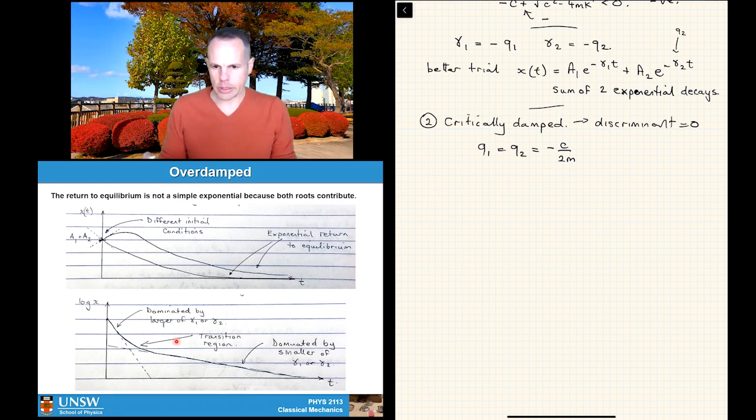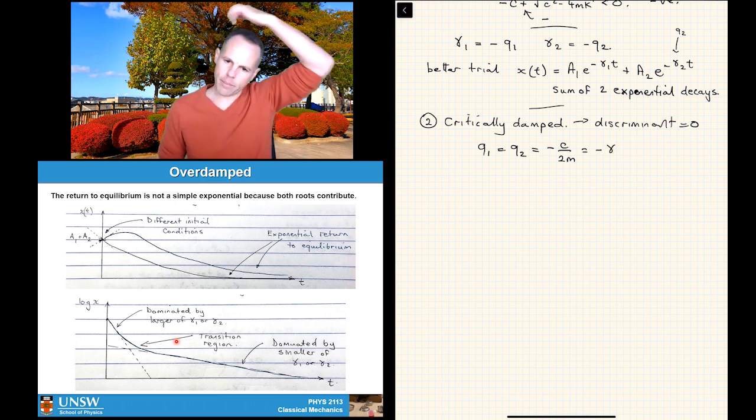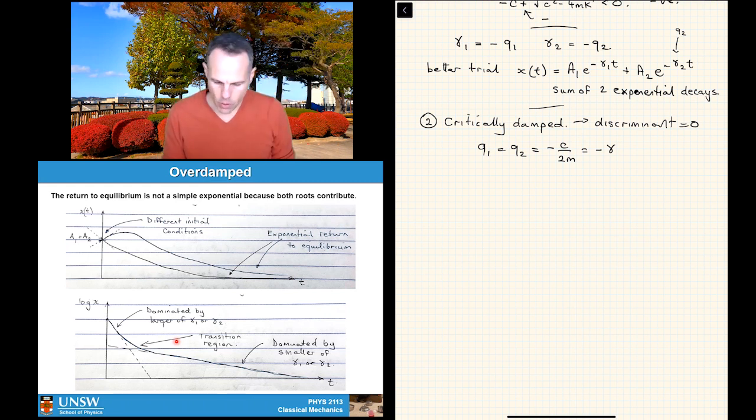As you know, c is a positive number and m is a positive number, so this must be negative. For the sake of argument, we can call this minus gamma in the same way that we did above, except we're going to have one single gamma term. So really we're saying gamma 1 equals gamma 2. You can imagine this is the limit of the problem above where those two become the same.